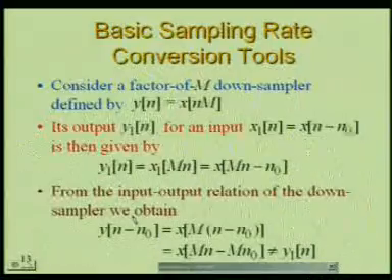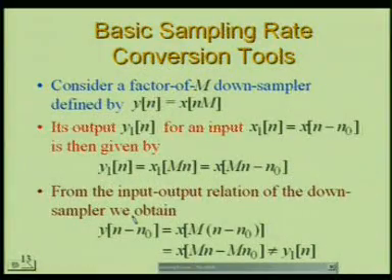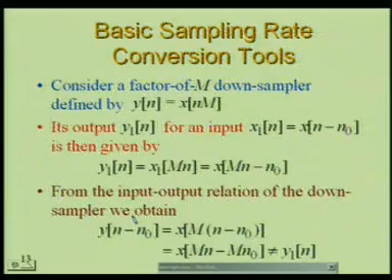Its output y1[n] for an input x1[n] equal to x[n - n0] is then given by y1[n] = x1[Mn] = x[Mn - n0].